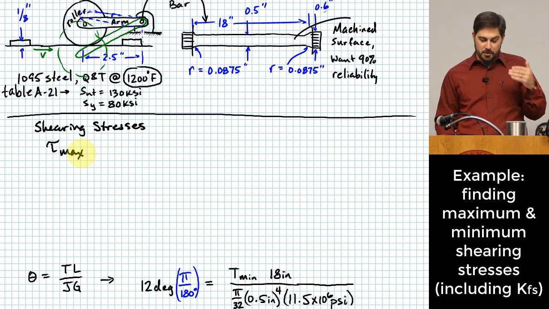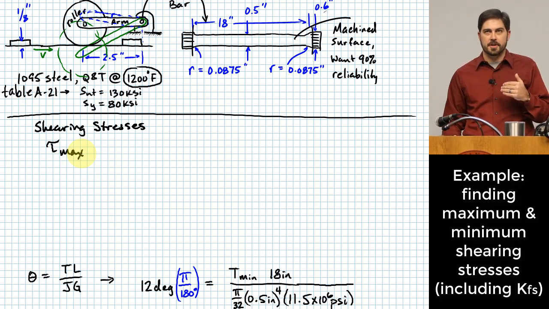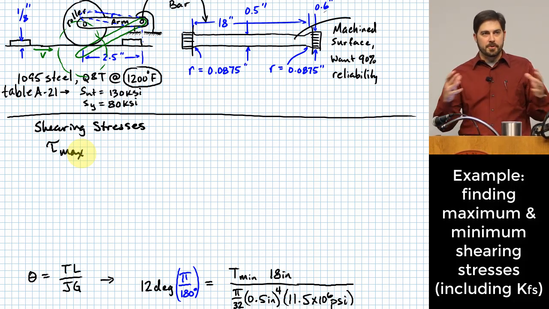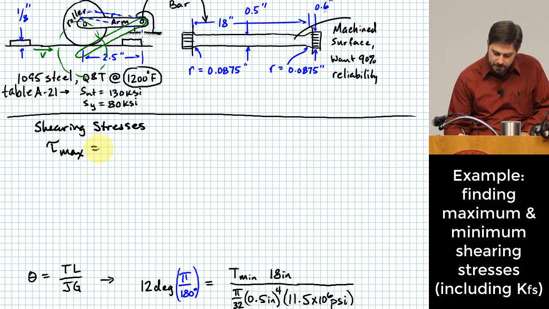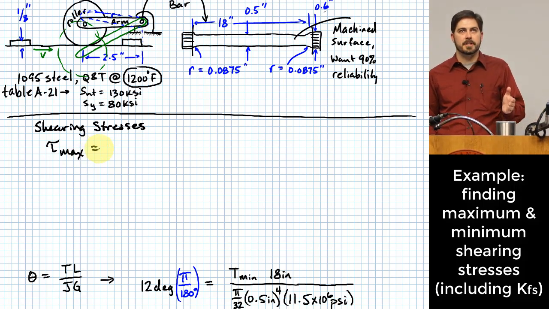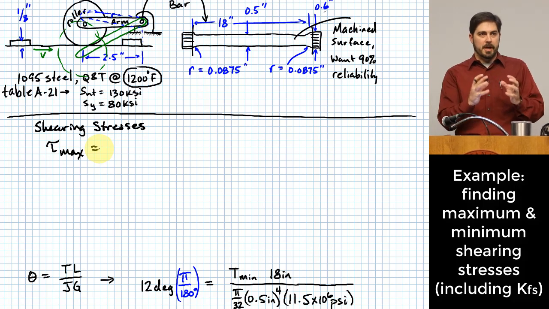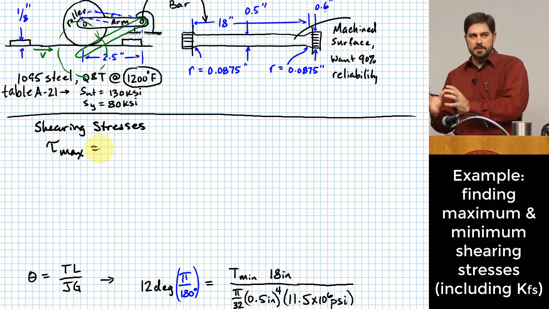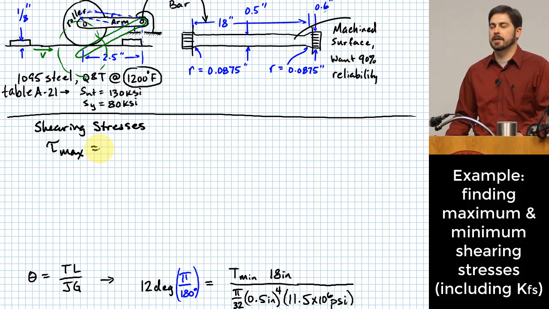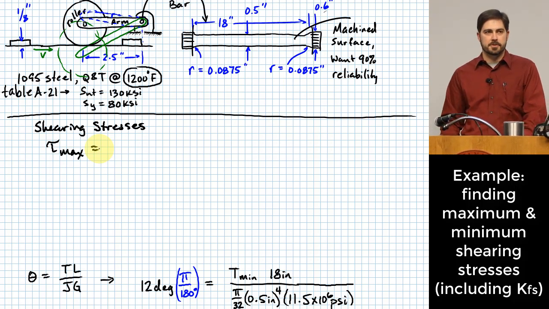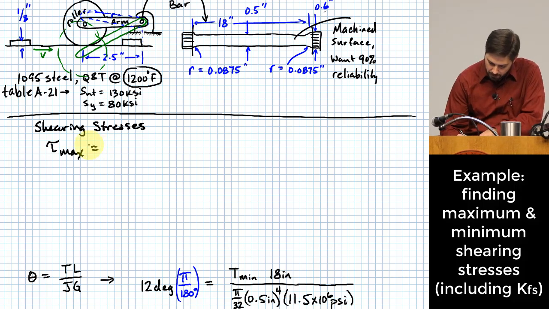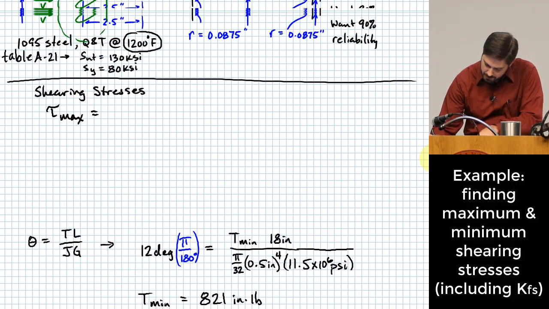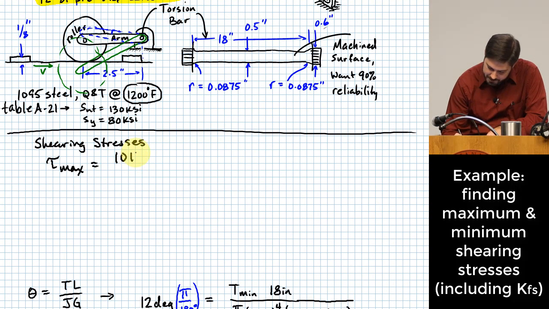We're also going to put in our stress concentration value, so this is sort of the overall maximum. We're not really going to talk about the nominal stresses here, but understand that we're multiplying by a stress concentration factor so that it's not nominal, it's the actual stresses, accounting for the stress concentration. All right, so we have our maximum torque there of 1,017 inch-pounds.